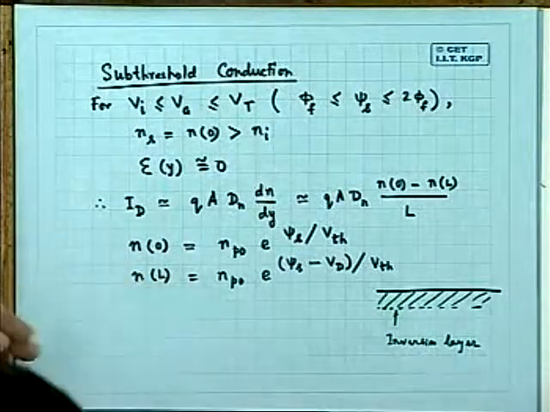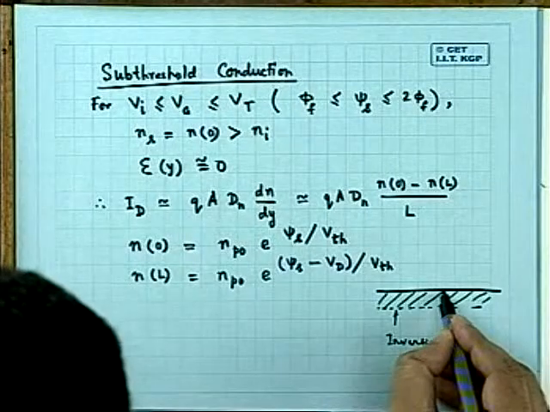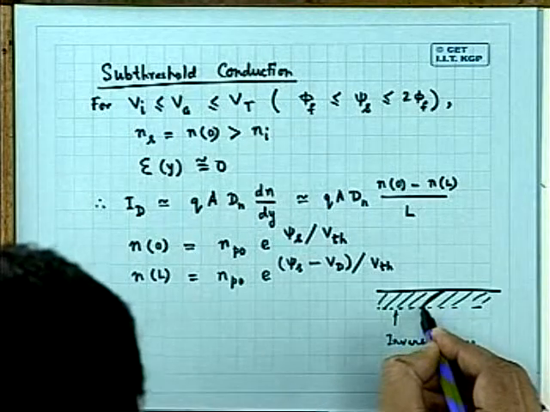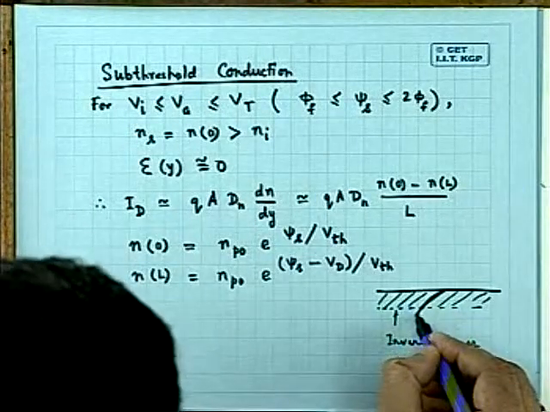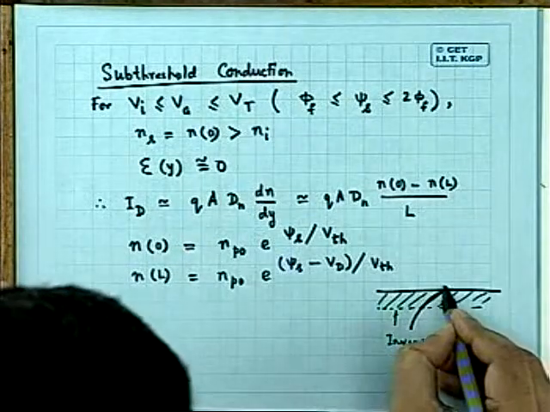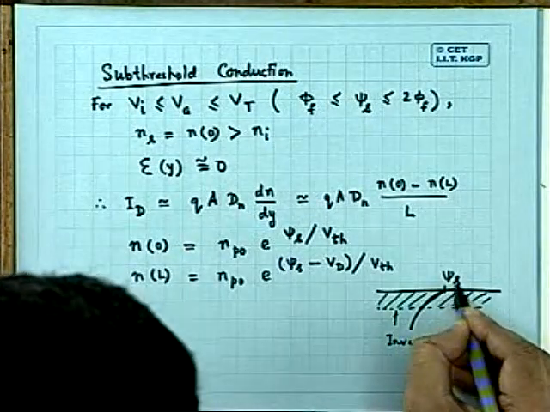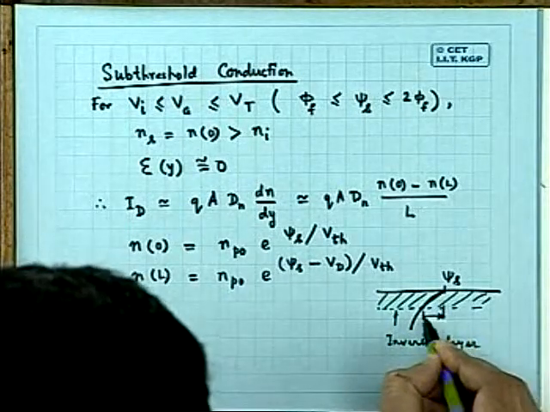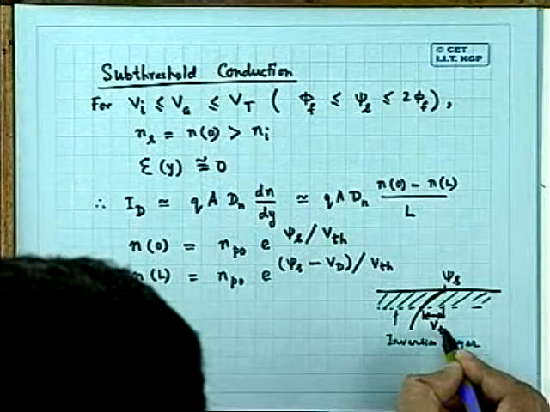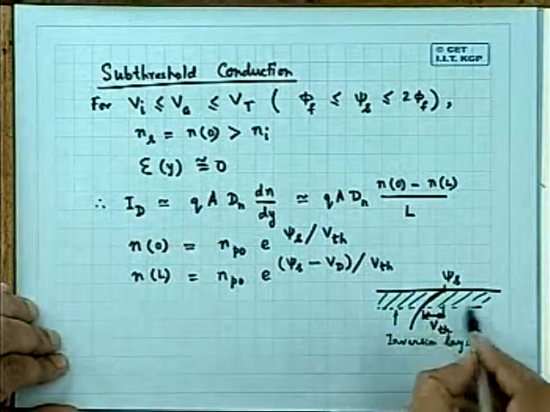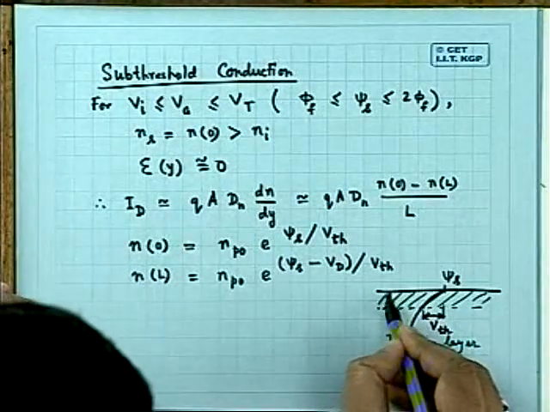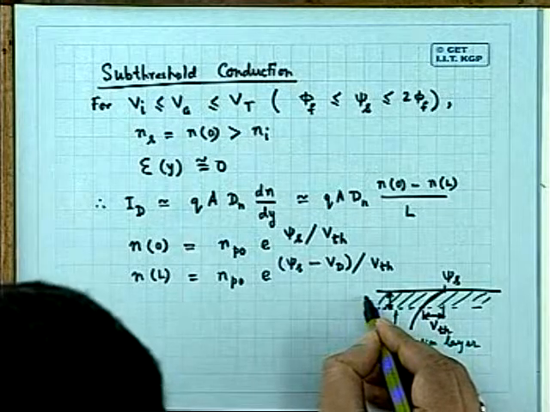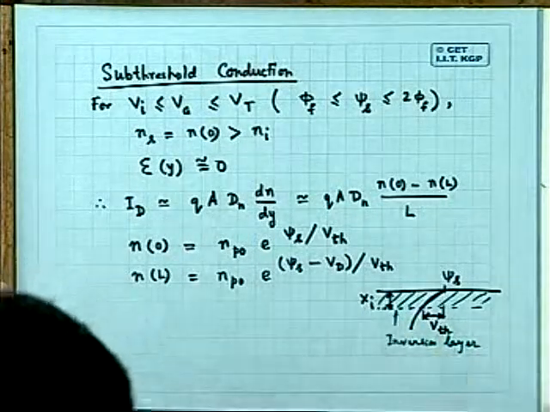I assume that from the surface to this point, if this is psi s, then the fall from the surface is a thermal voltage. Then this is my inversion layer thickness. I call it xi.